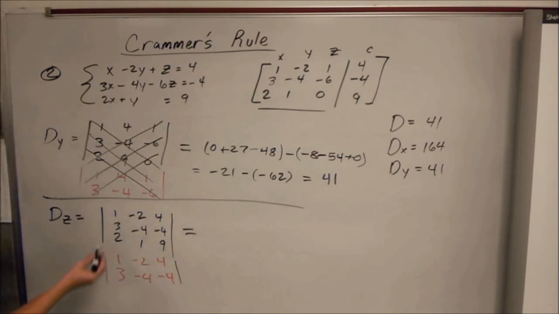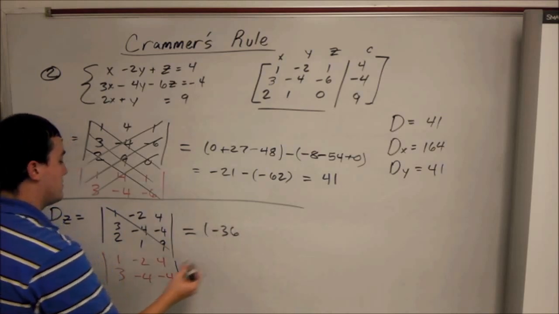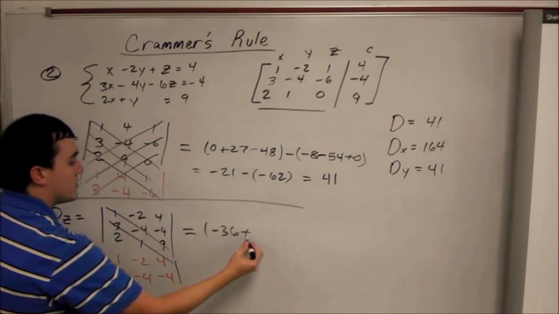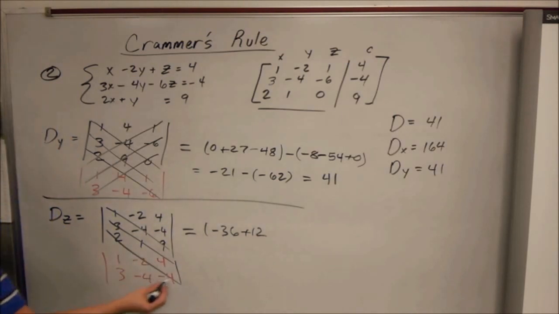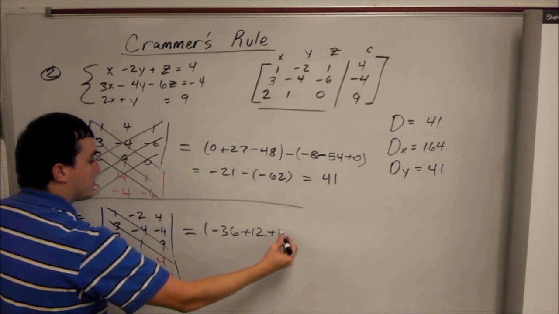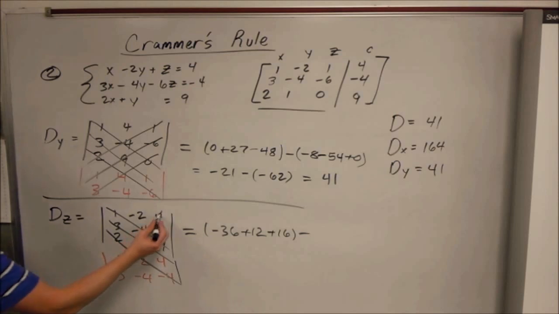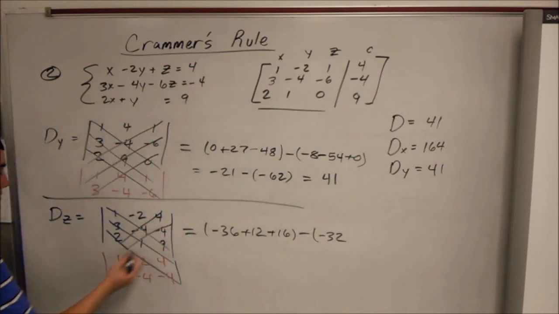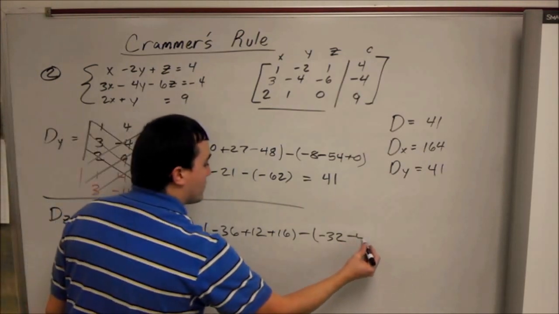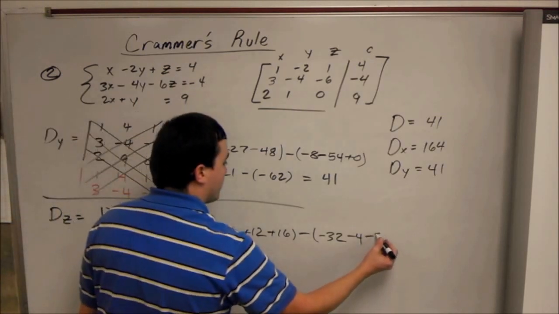And that's going to become 1 times negative 4 times 9 is negative 36. 3 times 1 times 4 is plus 12. 2 times negative 2 times 4, negative 4 is positive 16. Two negatives make positive 16. Minus 4 times negative 4 times 2 is negative 32. Negative 4 times 1 times 1, negative 4. And 9 times negative 2 times 3 is negative 6 times 9 is negative 54.